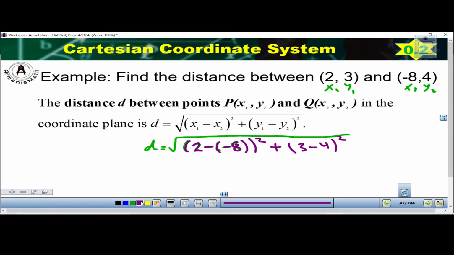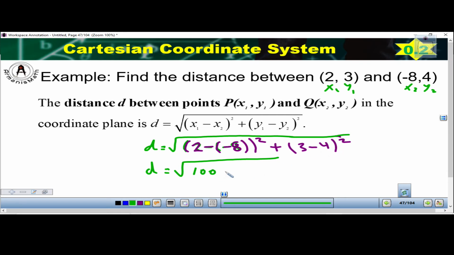Okay, so I've got d equals square root of, what is 2 minus negative 8? Well, that's 2 plus 8, that's 10. 10 squared is 100. And I've got myself 3 minus 4, that's a negative 1.